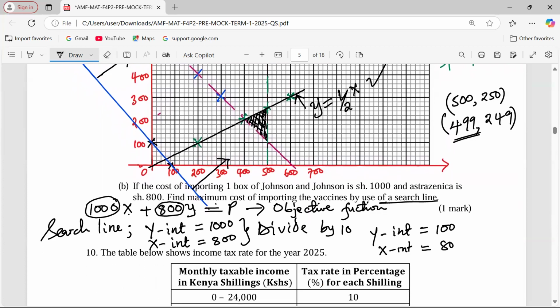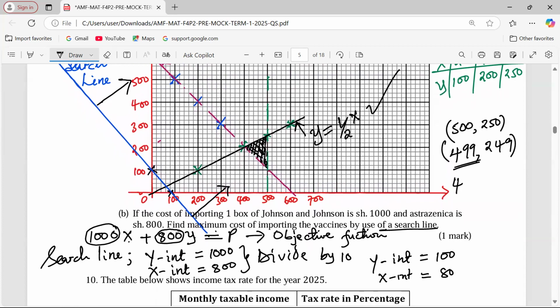So now with this, then we can talk of 499 by 1,000. Then we add 249 by 800. What are we going to have?